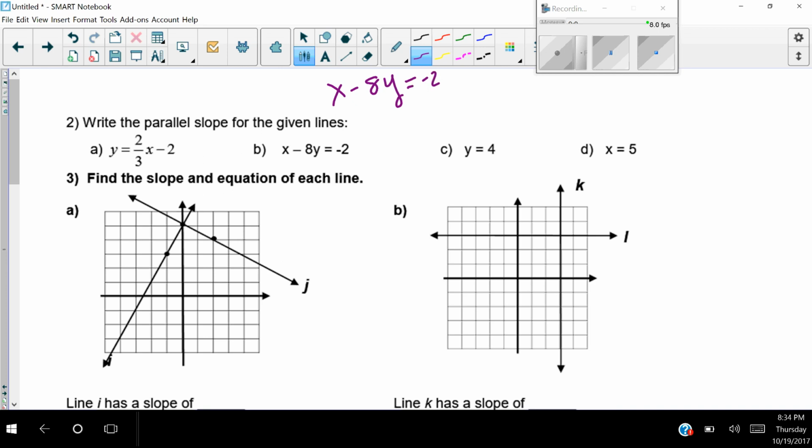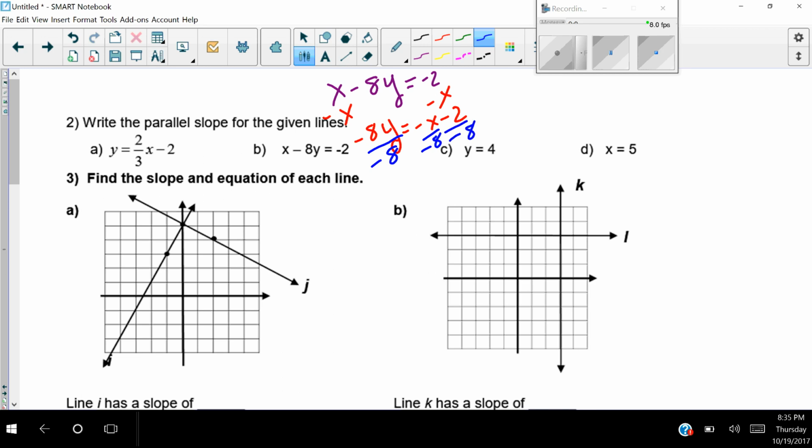But we need our equation solved for y. So in order to do this, I need to subtract x, move it to the other side of the equation. So I have -8y is equal to -x minus 2. And then in order to solve for y, get y by itself, I have to divide by -8. But I have to divide everything by -8.